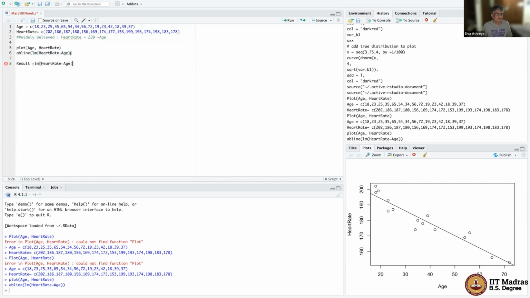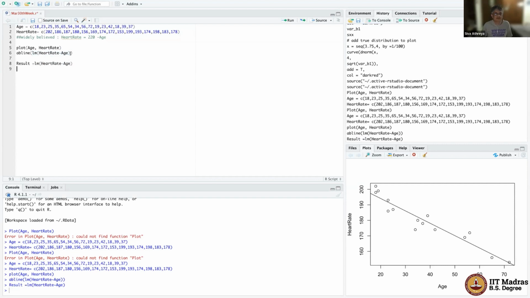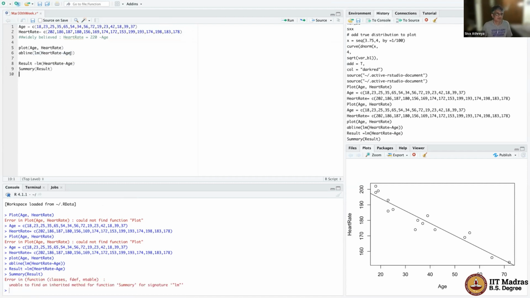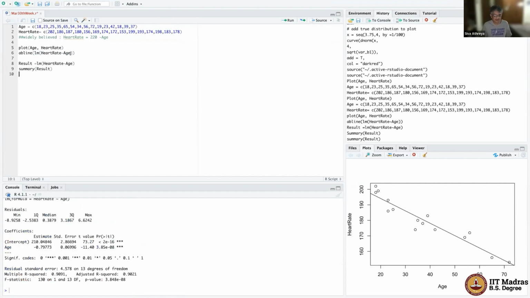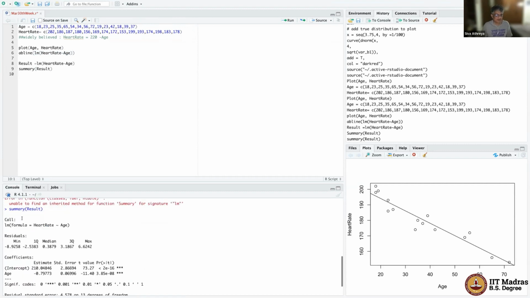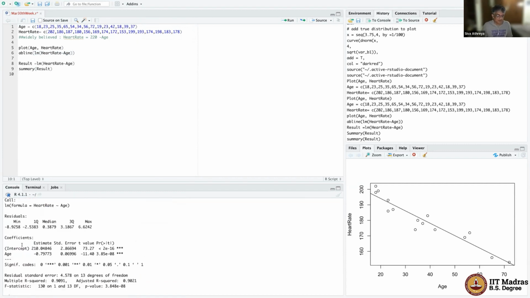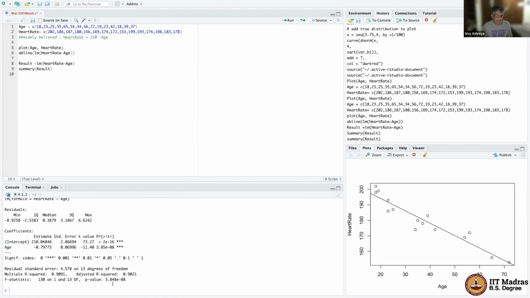If I want to check what the result looks like, I can type summary of result. Summary, with a small s, again, I'm sorry about that. It'll give me the various values in the summary: the residuals, the coefficients, and all these things we'll discuss in a second, the adjusted R squared, p value, and so on.